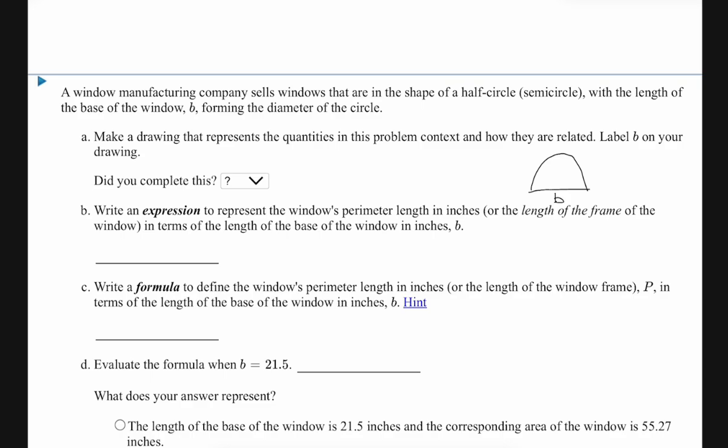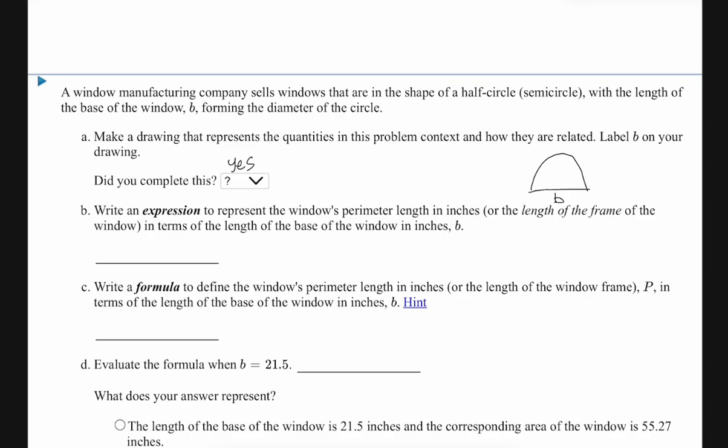Okay. So it says, make a drawing that represents the quantities in this problem and context, and how are they related? Label B on your drawing. So how are they related? We're going to get to that in a second, but you can just say that you did that. Hopefully you have done that along with me and drawn your little picture. Okay. Now it says, write an expression. Now expression, remember, means that it's just no equals.